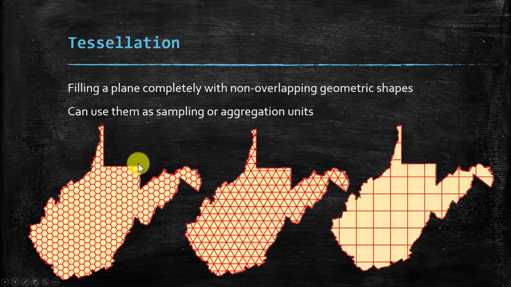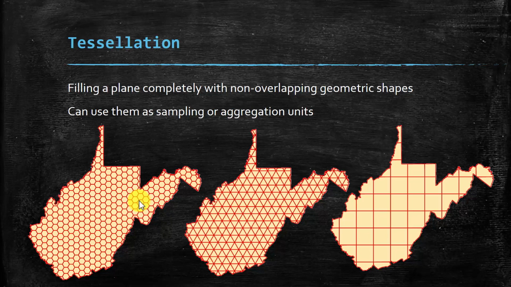Again, why would you do something like this? Well, if you had to aggregate the data and you didn't have a good aggregating unit to use, like, say, counties or census tracts or watersheds, you could create this systematic sampling or tessellation and then summarize on that. So, for example, count the number of pollution discharge points in each of these, and then assess whether there's any spatial pattern in the discharge points.